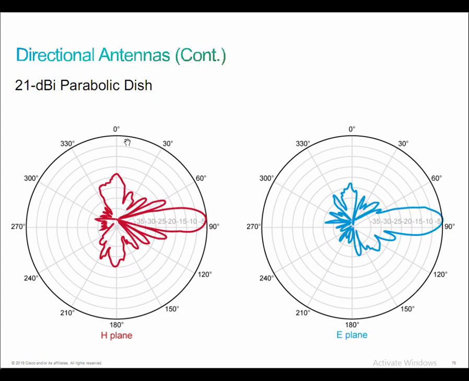So that makes it almost 100 times as powerful as the patch antennas. Like the Yagi antenna, the parabolic dish antenna has a visible butterfly effect. So you've got the side lobes and the output from the back. That's part of the manufacturing process.